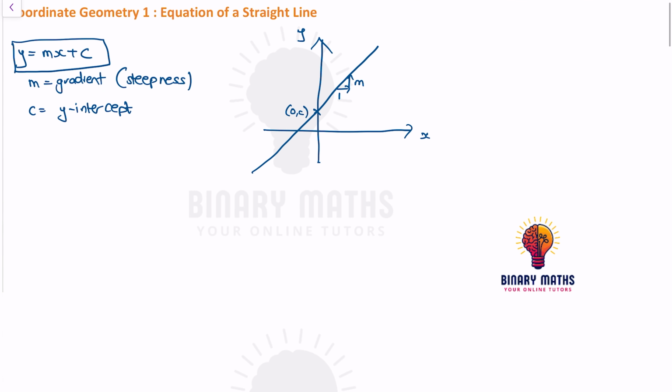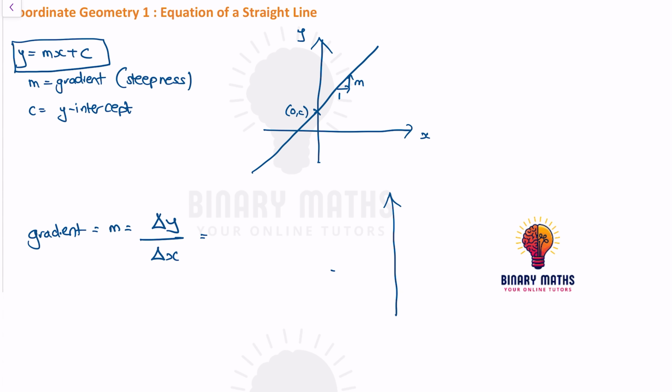Okay, now gradient, which is equal to m, is change in y over change in x, which is equal to delta y over delta x.